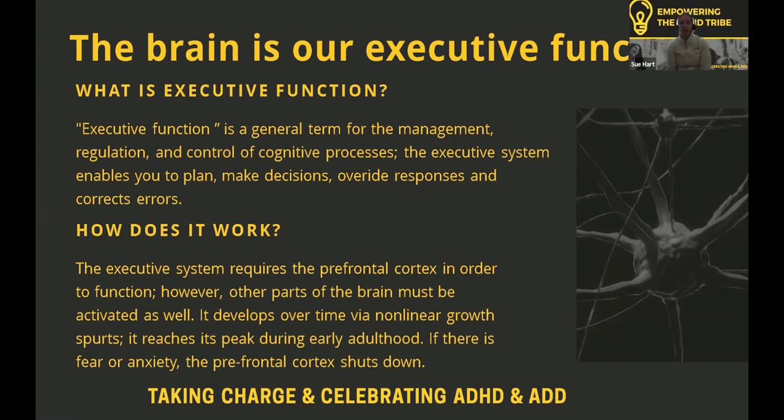So the first thing you have to do is calm yourself down before even getting to any kind of stage of thinking what to do and how to respond. So it develops over time, this prefrontal cortex, via non-linear growth spurts, and it reaches its peak during adulthood.